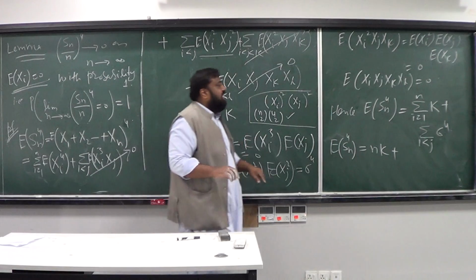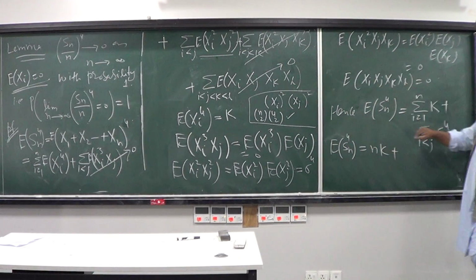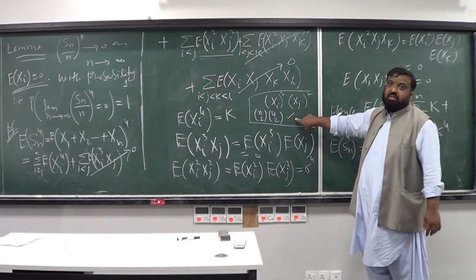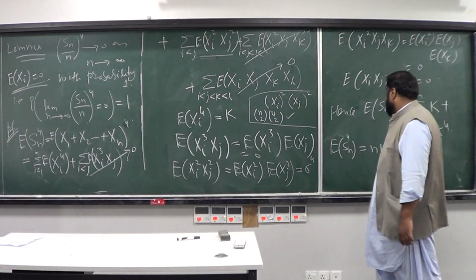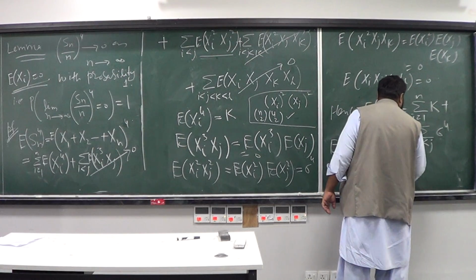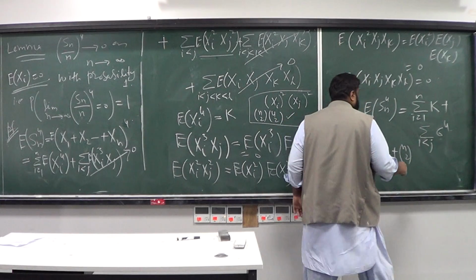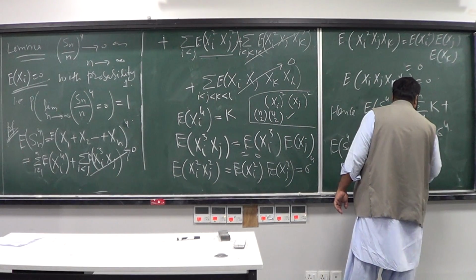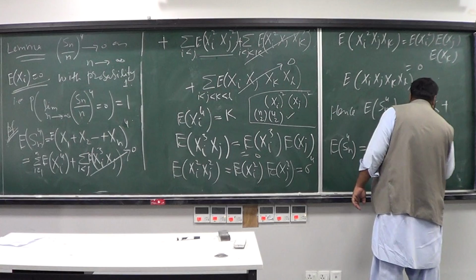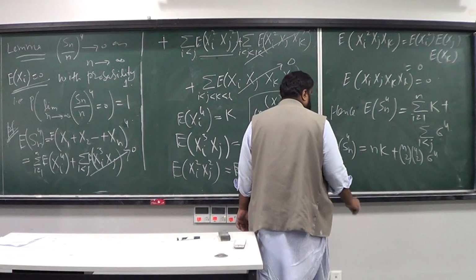In other words, you are summing up sigma power 4 this many times. So if you are summing up sigma power 4 this many times, it's going to be n choose 2, times 4 choose 2, times sigma power 4. Okay, this is what you're going to get.